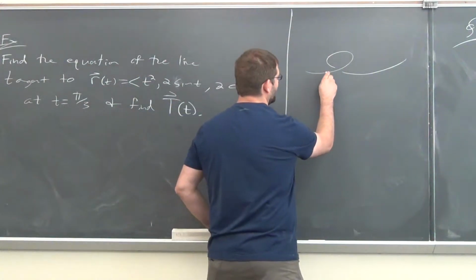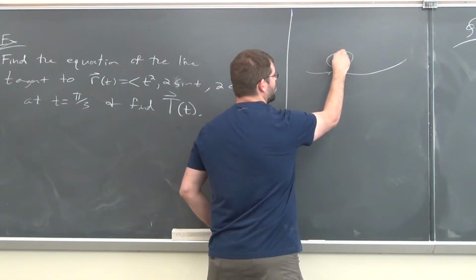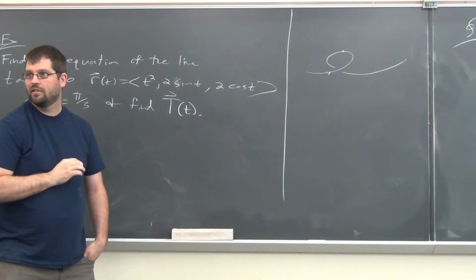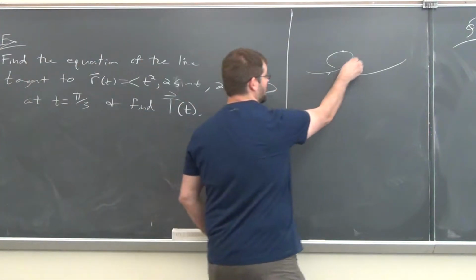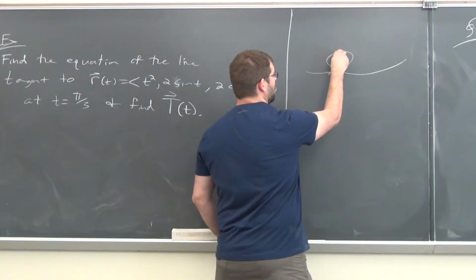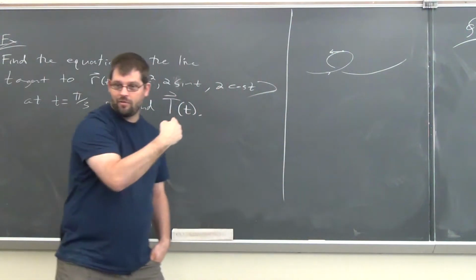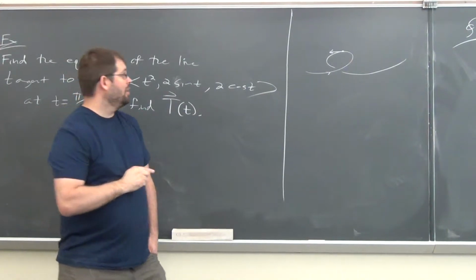Let's assume we're moving like this. We get to some point. If I'm at this point, where's the unit tangent vector going to be pointing? We're curving this way, so it'll be a vector of length 1 in the direction of the derivative.